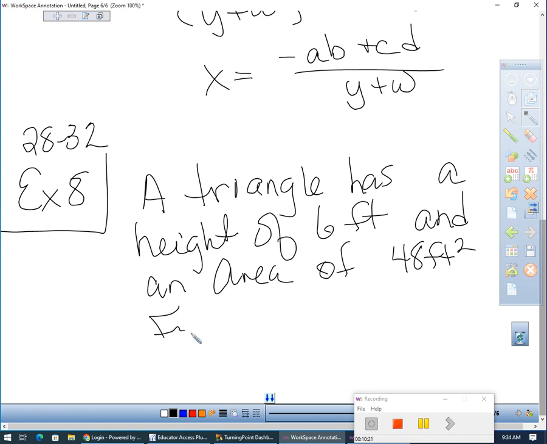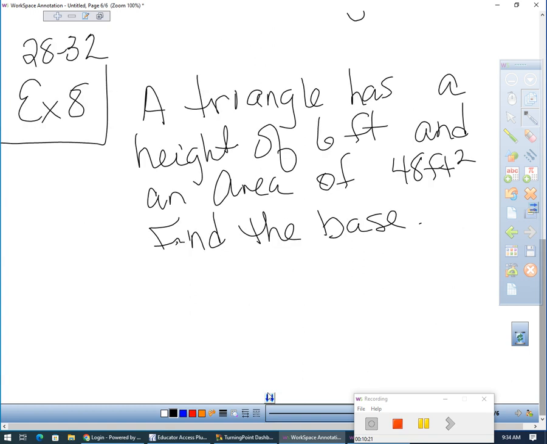Find the base. All right. So in order to do this, you have to know what is the formula for the area of a triangle. Very good. Thank you, Ben. Area equals 1/2 base times height.